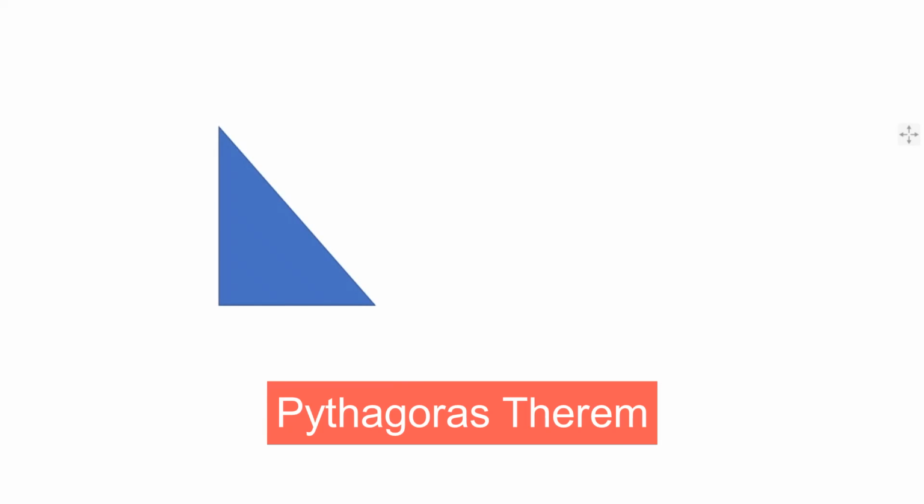You know what is a right angled triangle. A right angled triangle is identified by the presence of a right angle, that is a 90-degree angle when measured with a protractor.